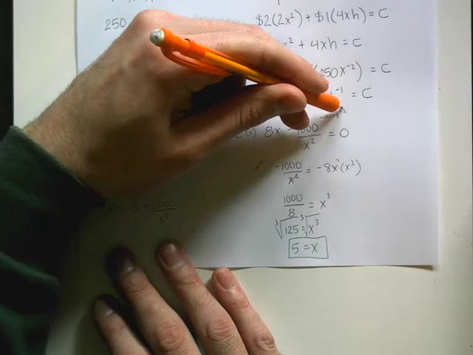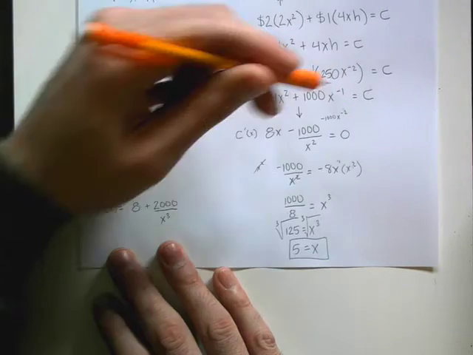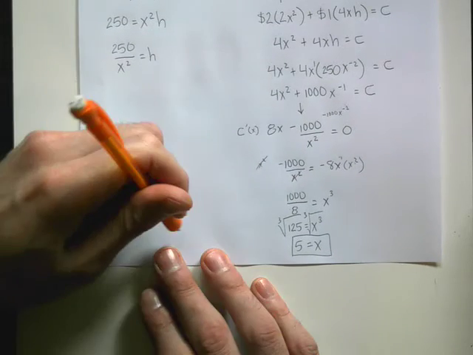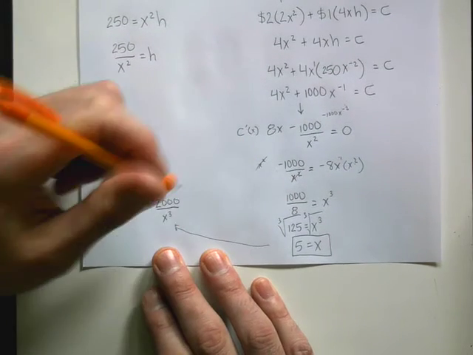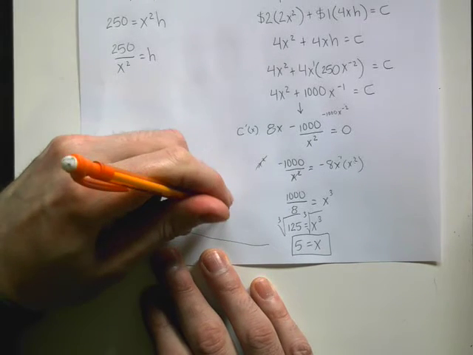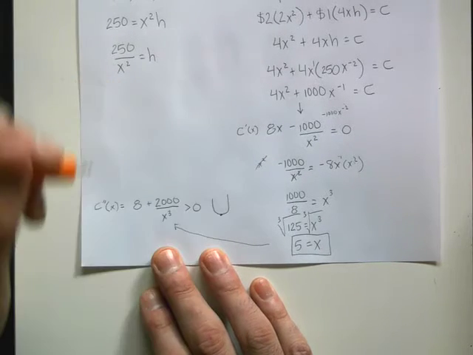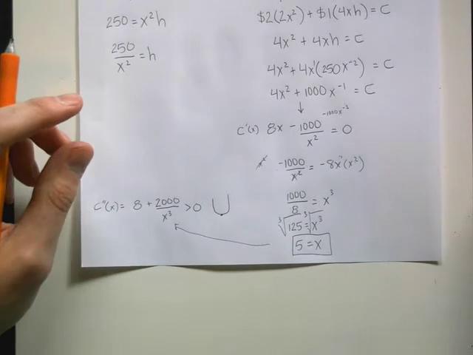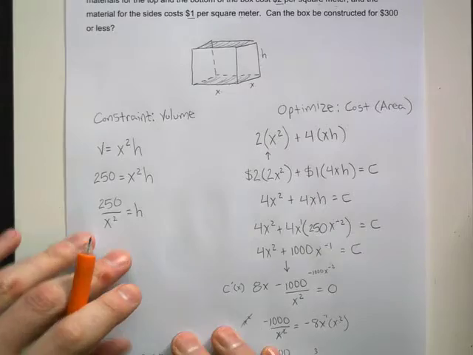Then I subtracted 1 from here, to be negative 3, which is the same thing as putting 3 in the denominator. If I were to take 5 and plug it in right here, I would still get a number that's greater than 0, which means we're concave up, which means we're at a minimum, which is good. It's telling me if I want to have a minimum cost, my x dimension needs to be 5, okay?